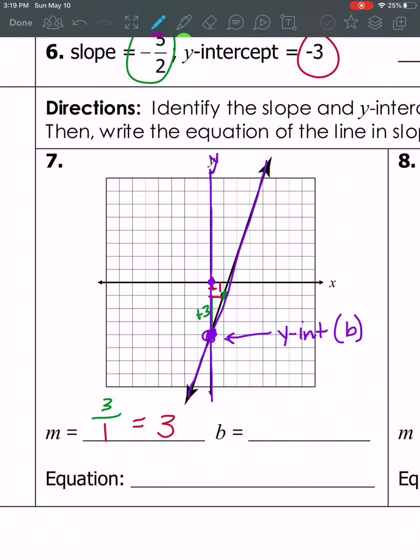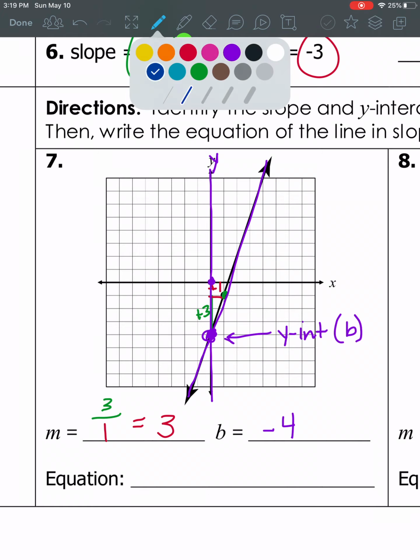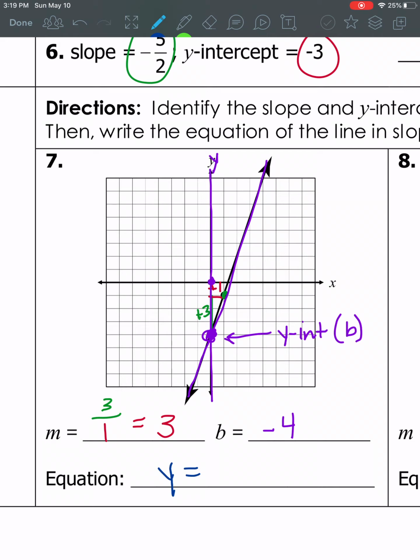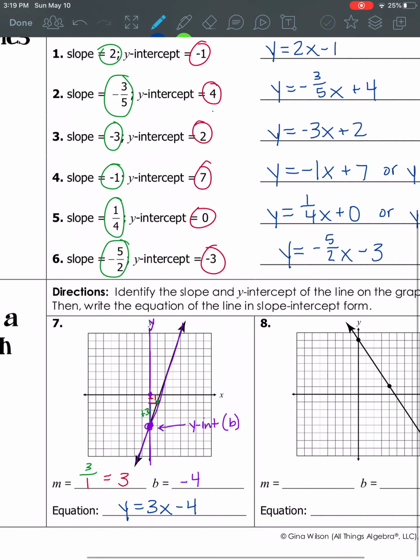Since it is below 0, we go down 1, 2, 3, 4, so our b value is -4. If it were above the origin, then it'd be positive. All right, and then we just write our equation. Y equals 3x, our slope was 3. Our y-intercept is negative, so -4. And there's our equation. Okay?